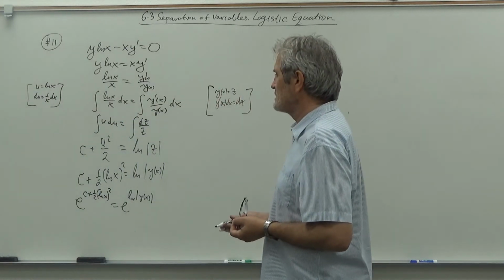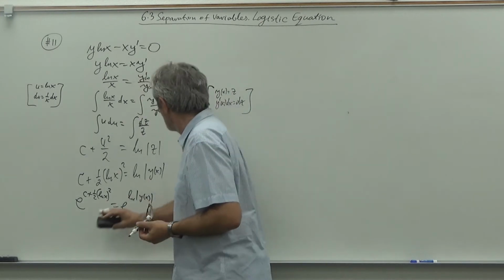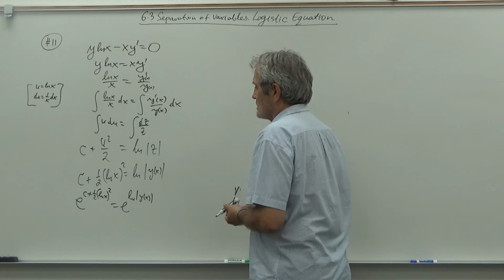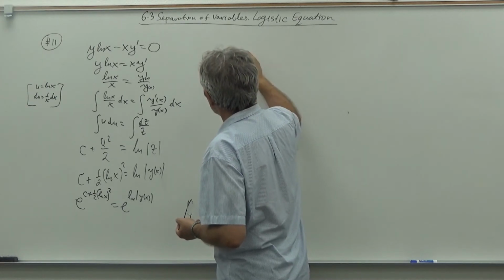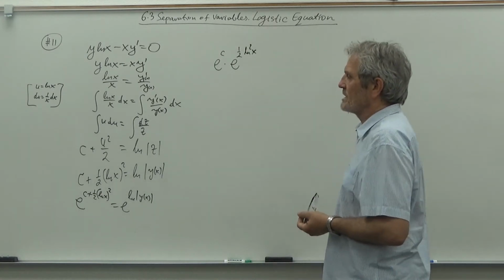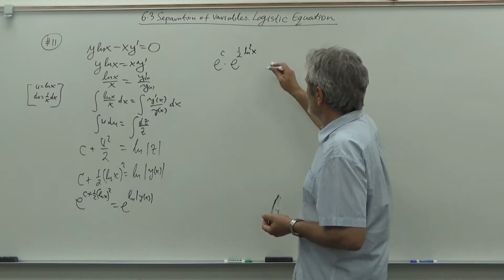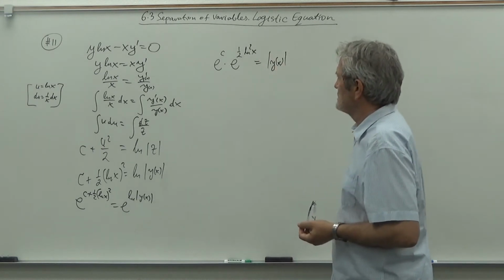So what would that give us? e to the C, I don't need that substitution anymore. So I can split that as e to the C times e to the 1/2 ln squared x. e and ln cancel each other out, so I get the absolute value of y.